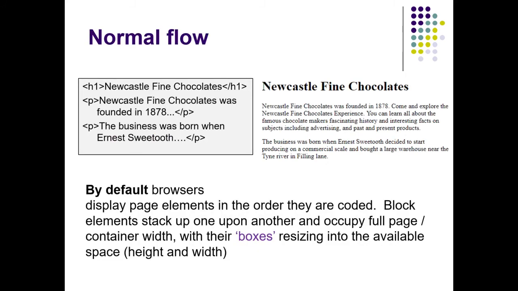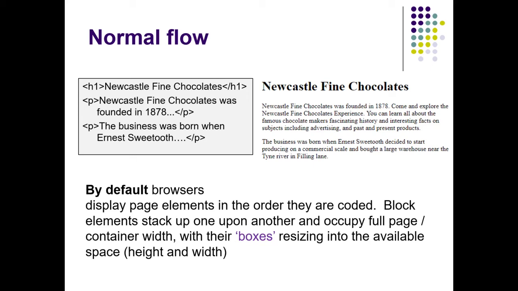So the example we just saw before was working on what's called normal page flow. In normal page flow, the elements of the page exist and are presented in the order they appear in the HTML code.